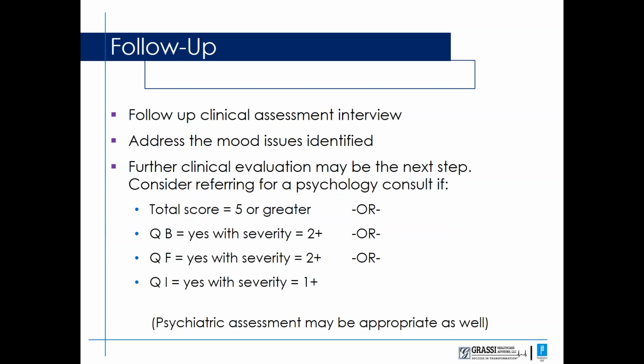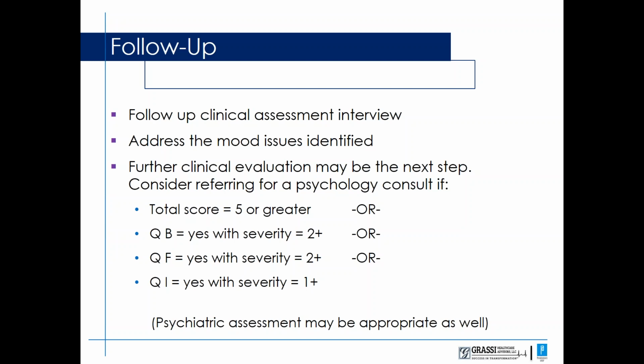The overall research in the field shows that depression runs about 20% in nursing home populations, although detecting it can sometimes run lower than that. But anybody with a score of 5 or greater maybe should have a follow-up to see if something's going on, because they may be in the very early stages of something.